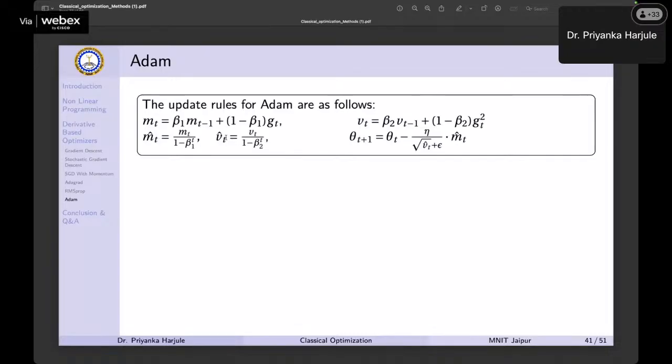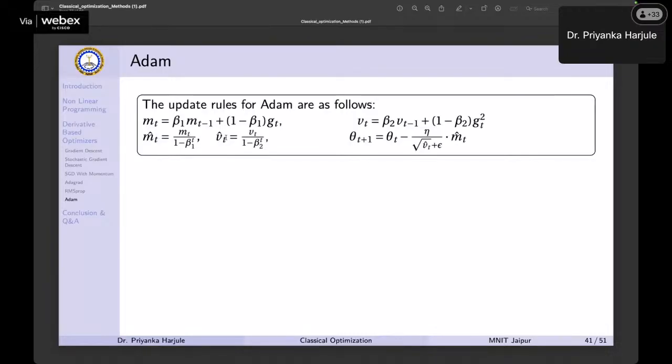Statistically also you can see that this bias correction is required. Why? Because if you consider the gradient to be a random variable and assume that all these gradient random variables have the same expected value, then in order to estimate the expected value of the gradient, we apply the expected value formula.